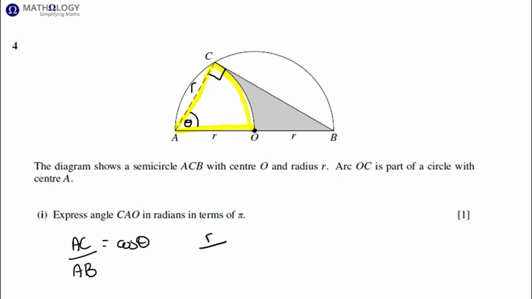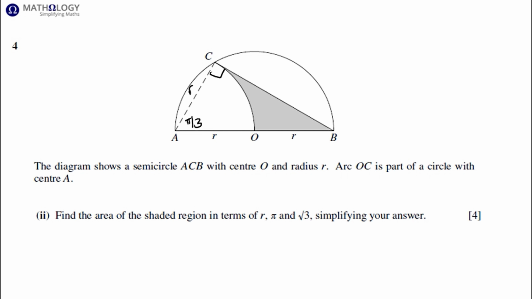AC is R, AB is 2R, and that equals cos theta. So cos theta equals a half, and therefore theta, working in degrees, shift cos a half will be 60 degrees, but in radians that will be pi by 3.